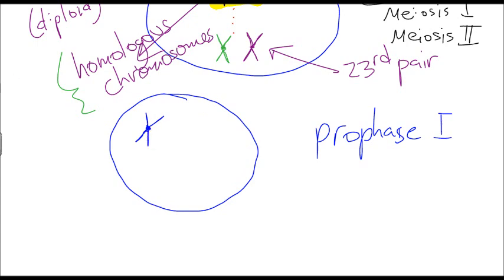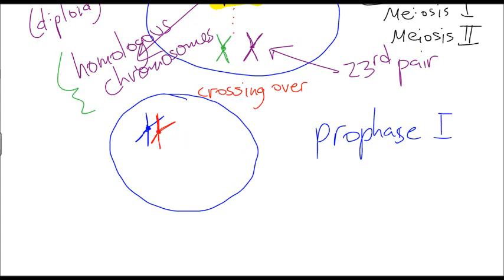So we've got one from one parent, one from another. And watch what's going to happen here. We're going to see this sometimes: ends of the chromosomes are going to cross over. And we're going to talk about crossing over in just a moment. So, crossing over of chromosomes.